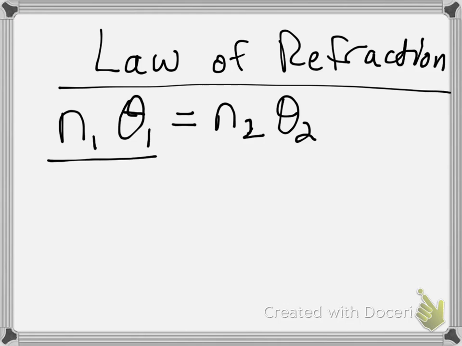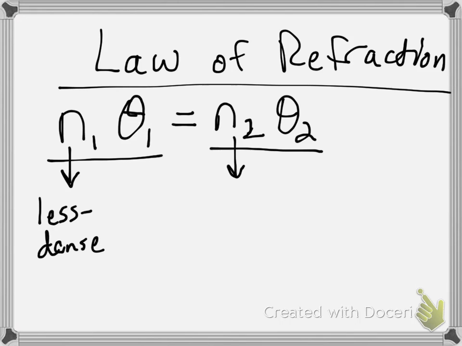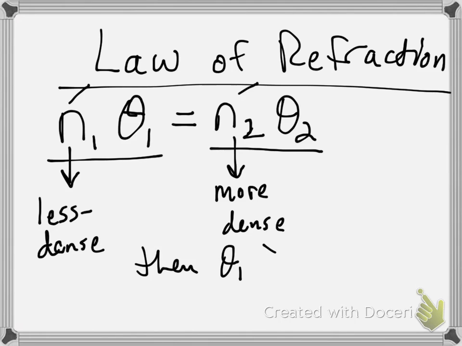Okay, so the product of these two must be constant. And so what we can see is if we're going from a less dense to a more dense medium, if n2 is larger than n1, then for this product to be constant, theta 1 must be larger than theta 2, right?